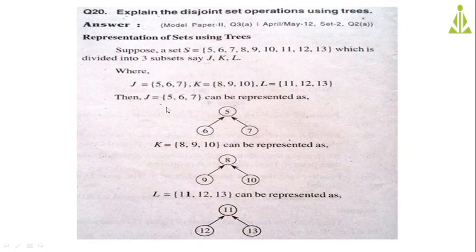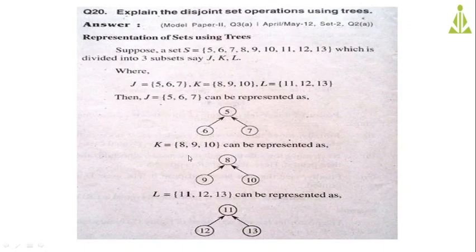Okay, how will you represent this in a tree? J is equal to 5 6 7. You can take any one as a root. So I am taking 5 as the root, 6 is the left node and 7 is the right node. You can take any element as a root. So I am taking the first one.